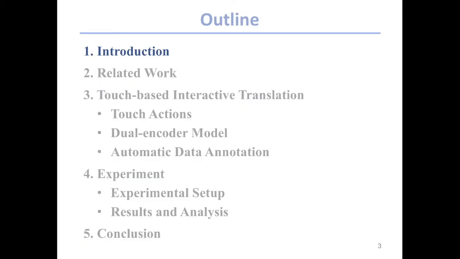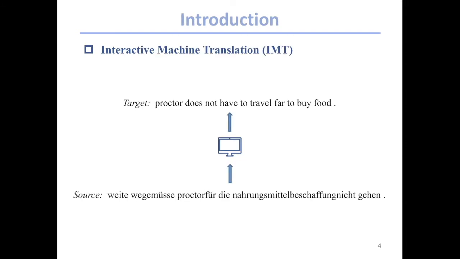First, let's look at the task of interactive neural machine translation. A standard machine translation system translates a given source sentence into a target sentence without human interaction. However, fully automatic machine translation systems are still far from perfect in many cases.